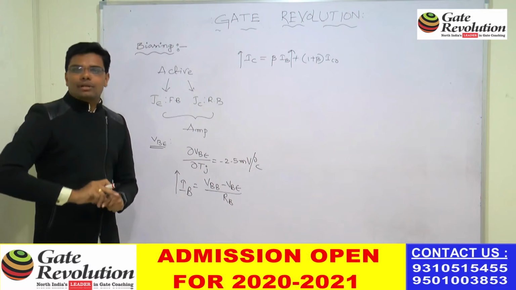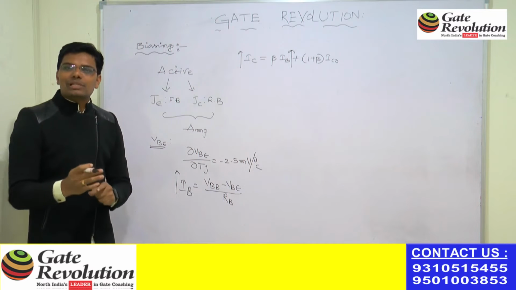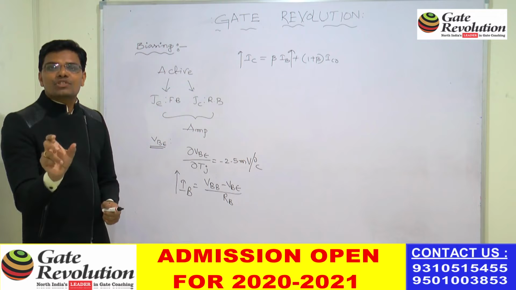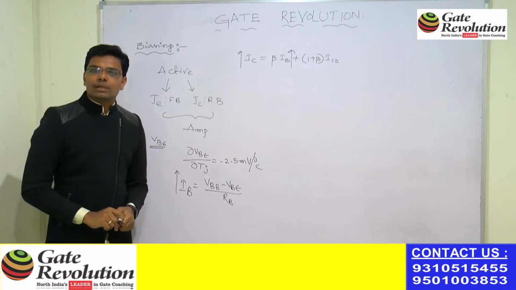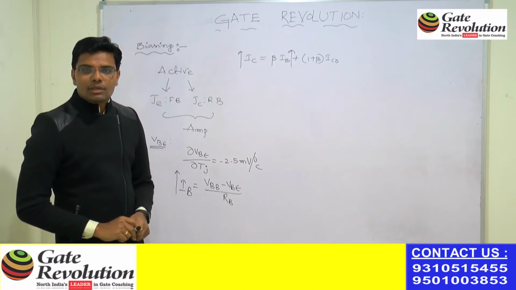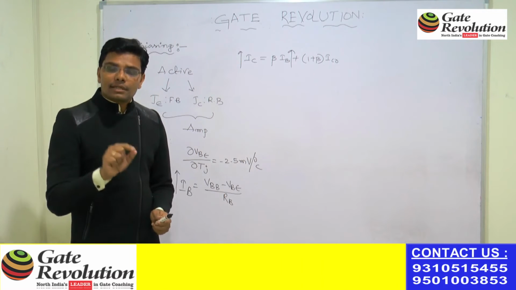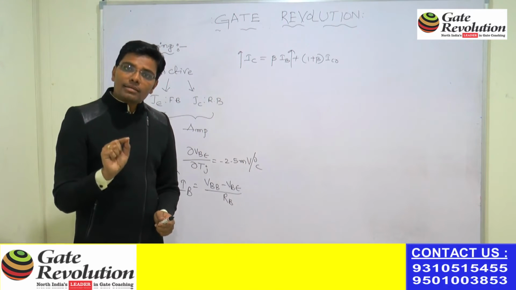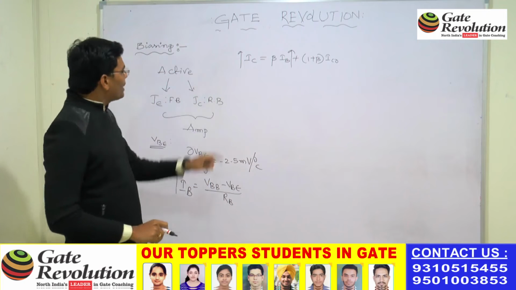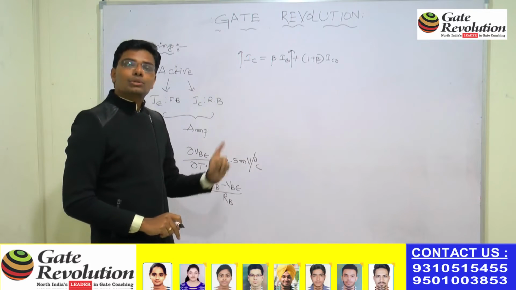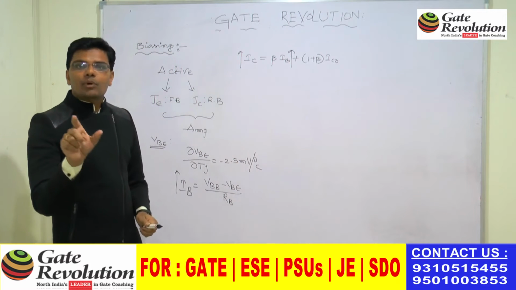As IC increases, VCE changes, and the operating point shifts from the center of the DC load line or center of the active region. For amplification purpose, the operating point should always be at the center of the DC load line or center of the active region. Because of the changing of IC or VCE, the operating point shifts.